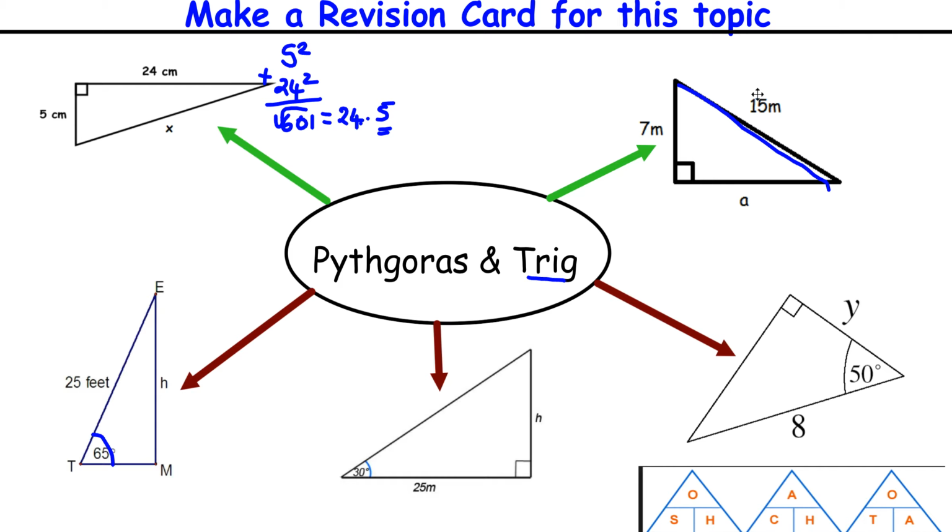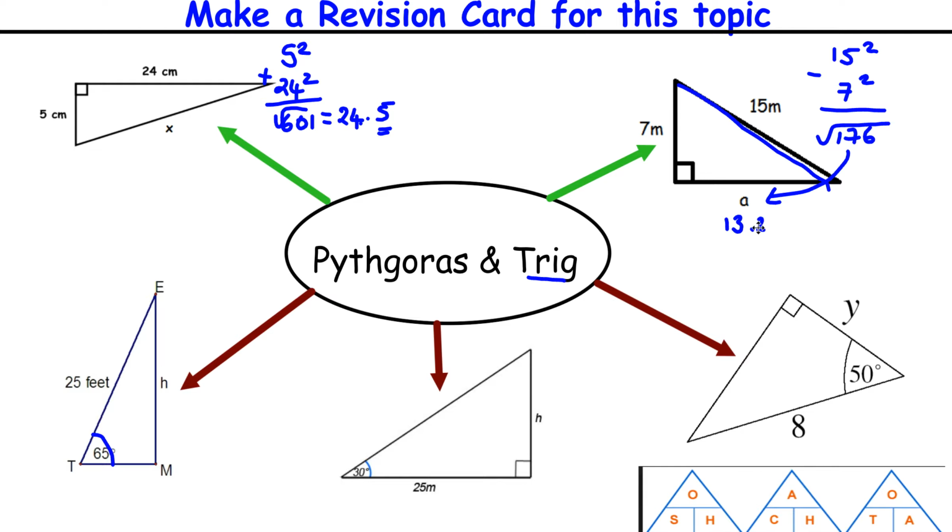So you'll take your longer side, your biggest measurement first, 15 squared, and also square the 7, but this time you're going to subtract the two answers, and that gives me 176. I'm going to square root it so I can just get a, and that will give me 13.2 to 1 decimal place.